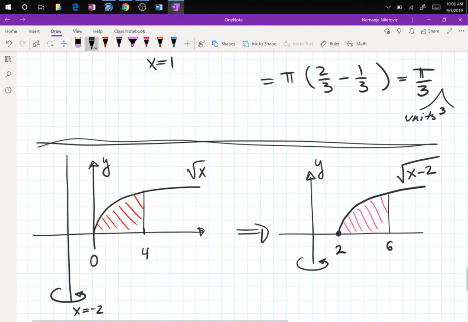Because the axis of rotation was not on the y-axis. Your formulas work only if you rotate on the x-axis or on the y-axis, which is why I have that x in a little circle, right? So when your formula is only rotating on the x and y-axis and your problem is rotating on a line x equals -2, you have to push your entire problem to the right so that the axis of rotation matches the y-axis.